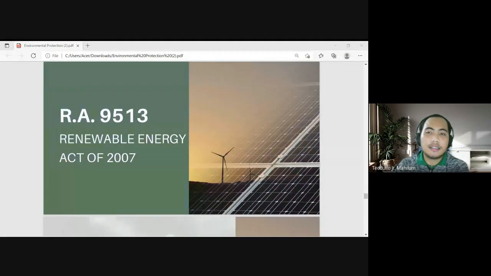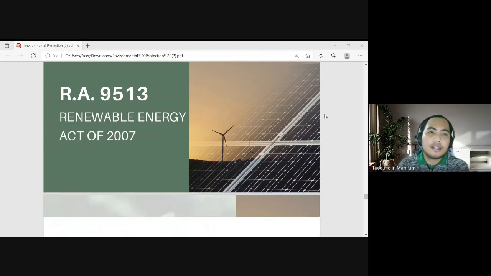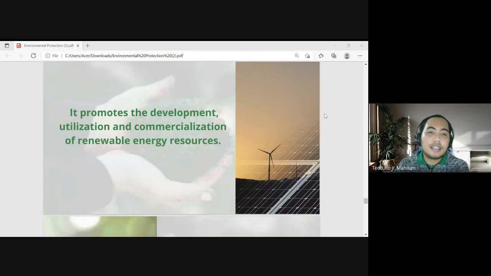Next, the Republic Act 9513, or the Renewable Energy Act of 2008. It promotes the development, utilization, and commercialization of renewable energy resources.